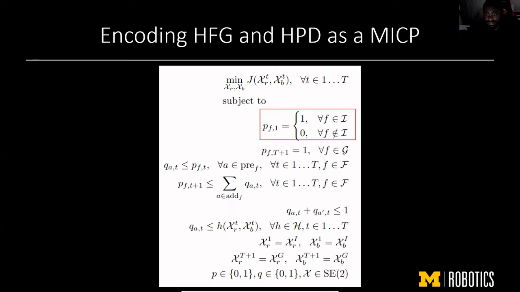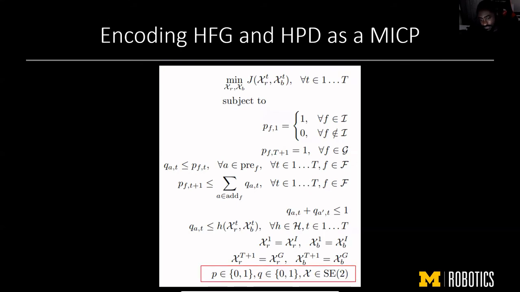constraints like the initial symbolic constraints, the goal symbolic constraints, the precondition constraints, the effect constraints, the mutual exclusion constraints, the external constraints, then the initial continuous constraints, and the goal continuous constraints.